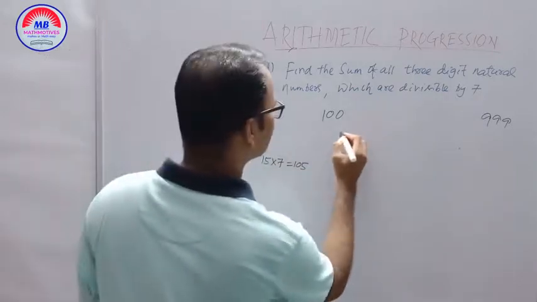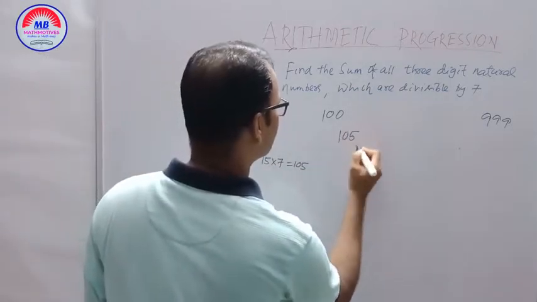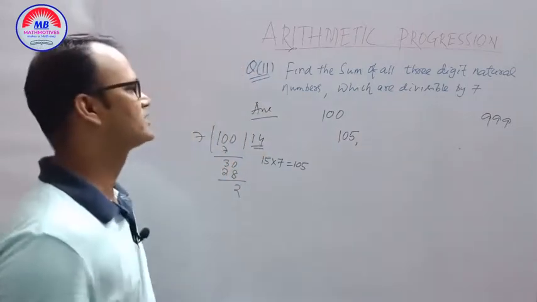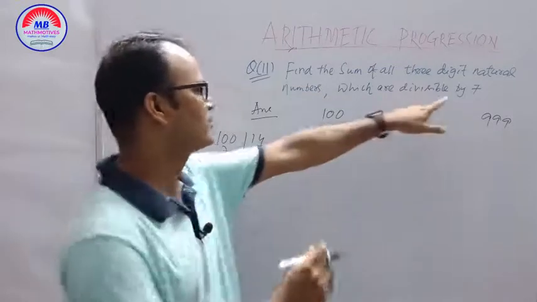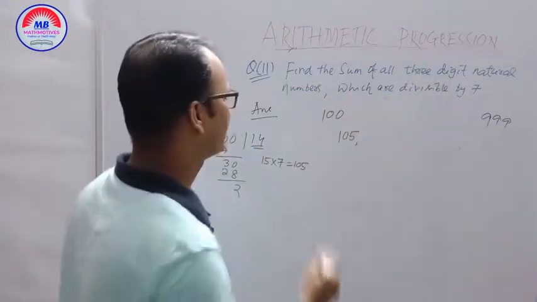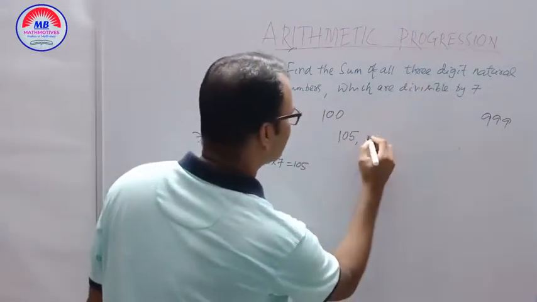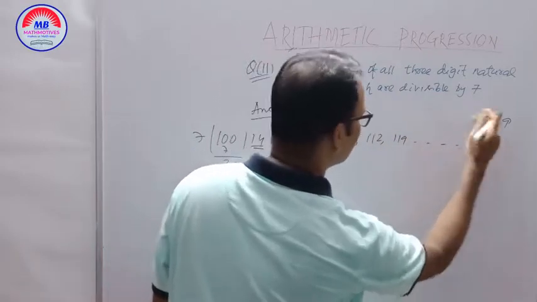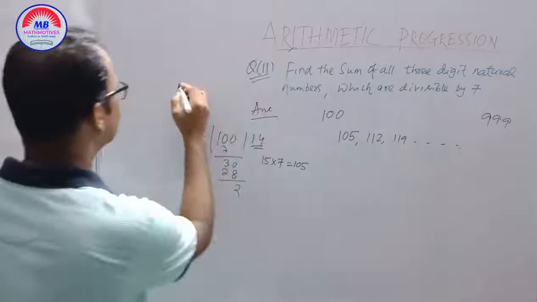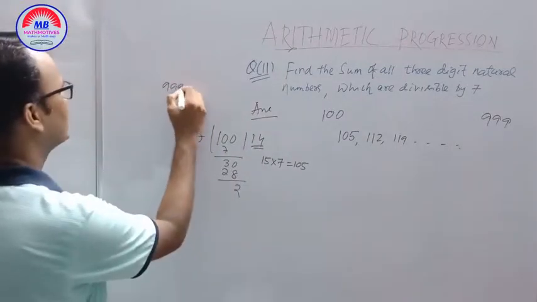The first 3-digit number which is divisible by 7 is 105. Next, if we add 7, 112, then add 7, 119. Similarly, for the last one, you see, same process, 999.